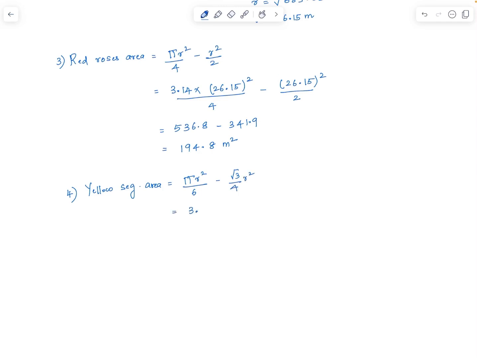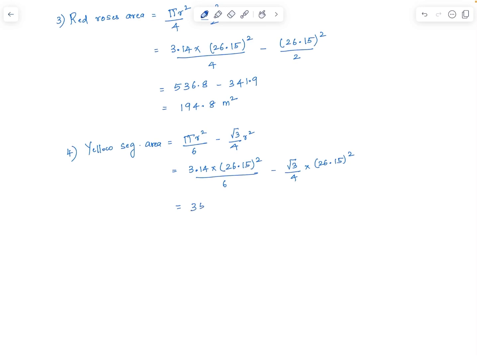Substituting r's value, we get 3.14 times 26.15 the whole square upon 6 minus root 3 by 4 into 26.15 the whole square, which gives us 357.9 minus 296.1, that is 61.8 meter square.